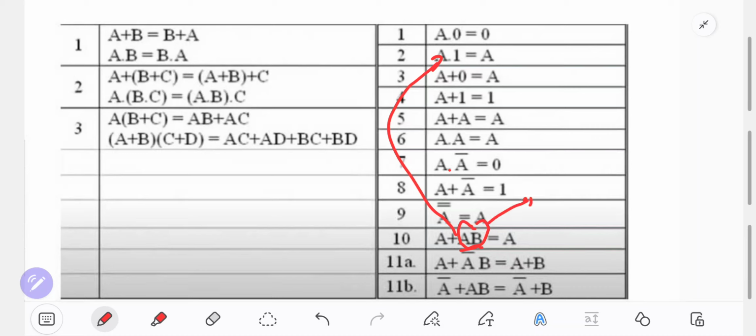If we write again, A plus A is equal to A, same as this. Okay, we make it faster. A plus A accent times B is equal to A plus B. The final, number 11b: A accent plus A times B is equal to A accent plus B.